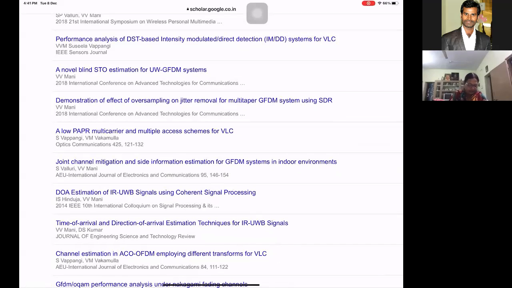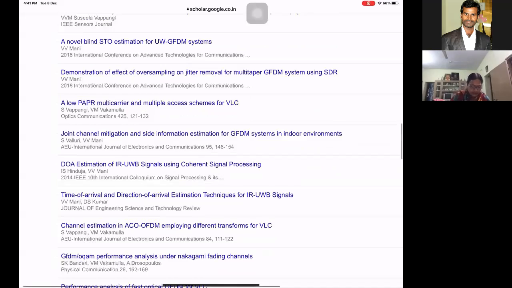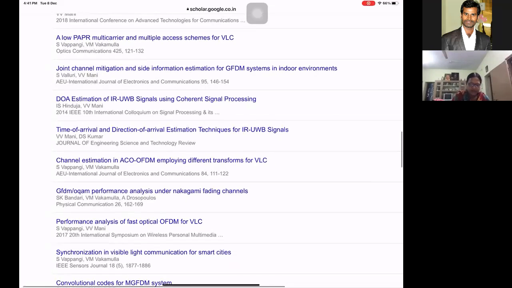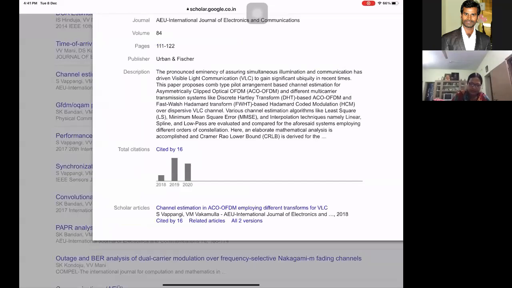And also, another paper is channel estimation in ACO OFDM employing different transforms. So instead of IFFT and FFT, she used discrete sine transform and discrete cosine transform, how the waveform changes and how the structure is changed is given in channel estimation in ACO OFDM employing different transform techniques. This is the paper.